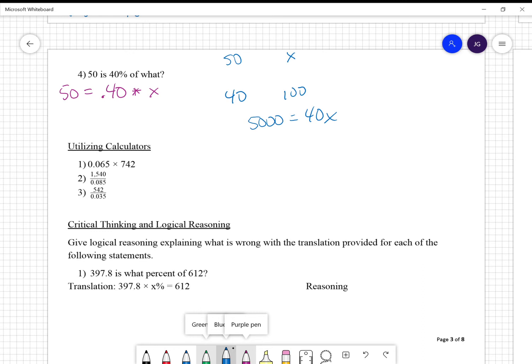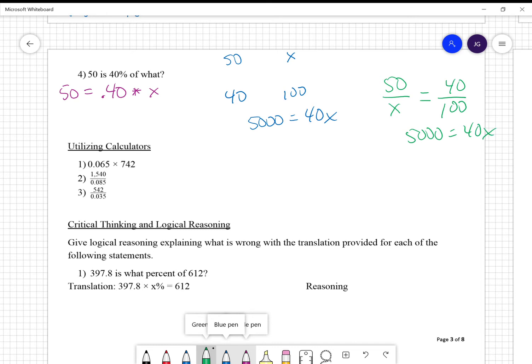And if I do the is over of method, it would be 50 is, so 50 is on top, 40%, 40 goes over 100, of what? X goes on the bottom. When I cross multiply, I get 5,000 equals 40x.